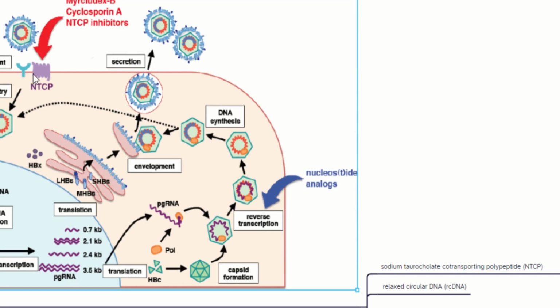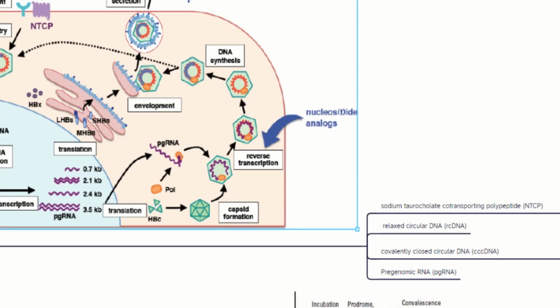This is an important protein now within the field of research for hepatitis B. It is not important clinically for now, but it can have really big importance soon. But not within the scope of this video.